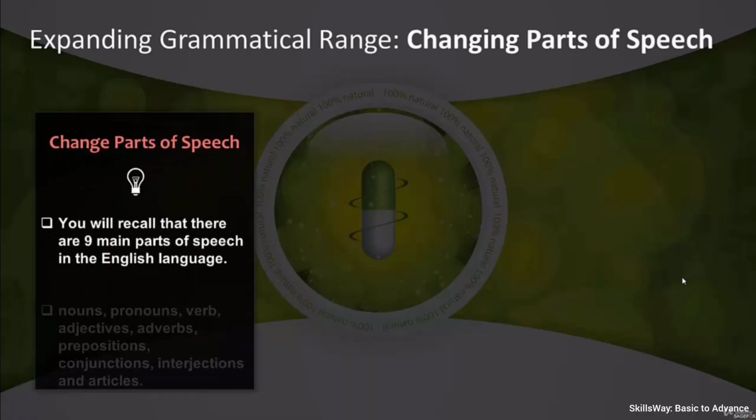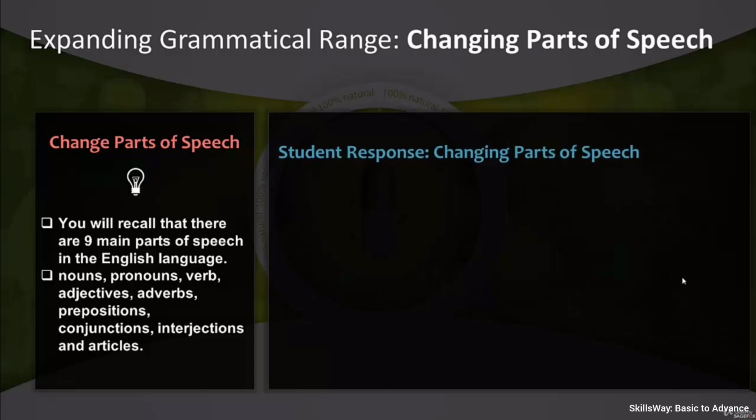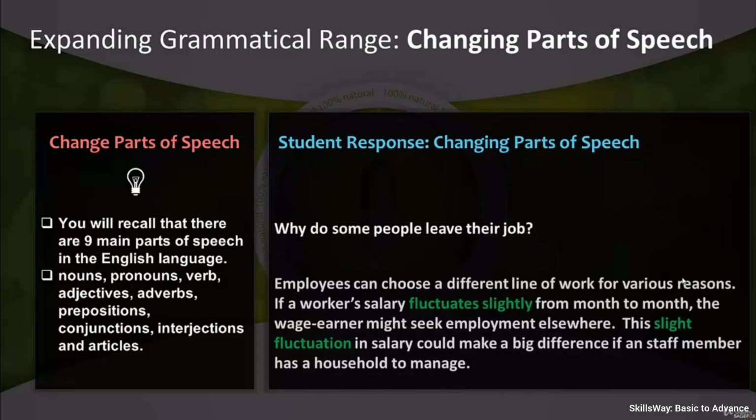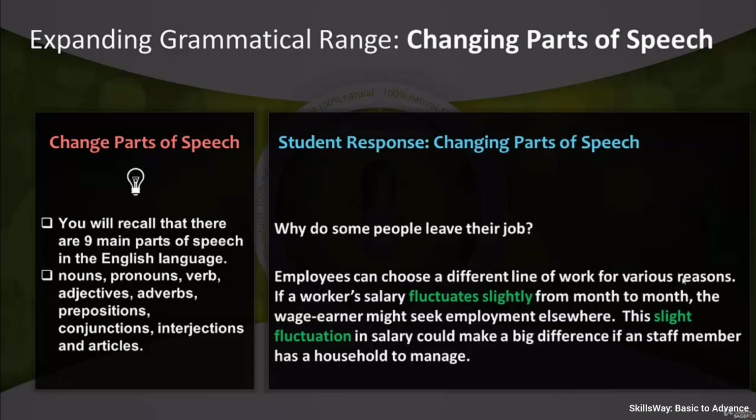Right? Here, we're talking about expanding your grammatical range and changing the parts of speech. So look at this question: Why do some people leave their job? Employees can choose a different line of work for various reasons. If a worker's salary fluctuates slightly from month to month, the wage earner might seek employment elsewhere.